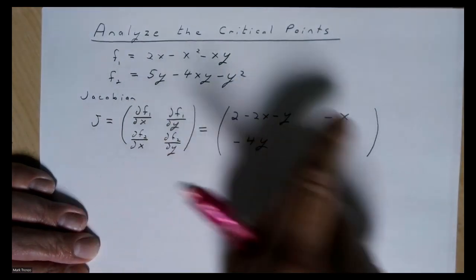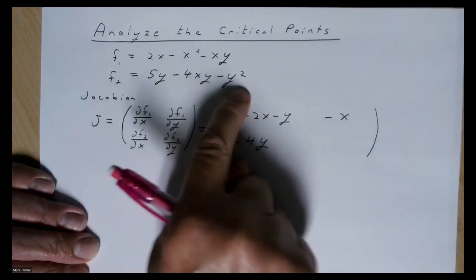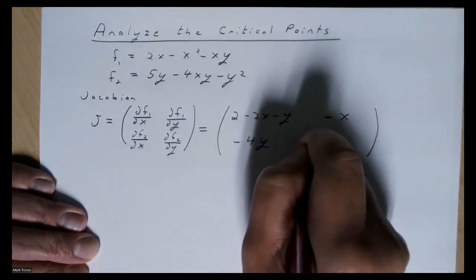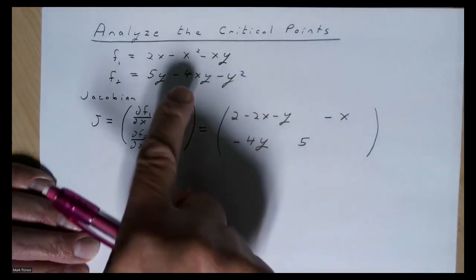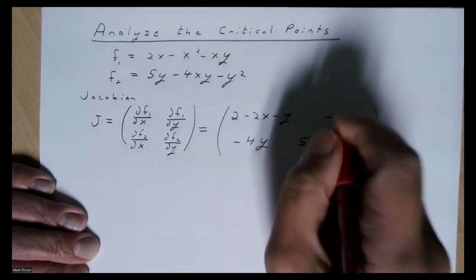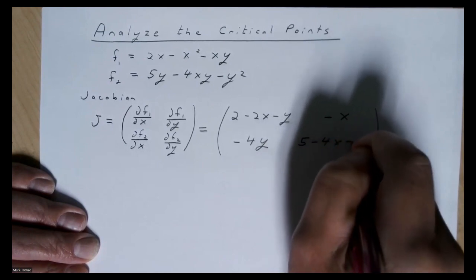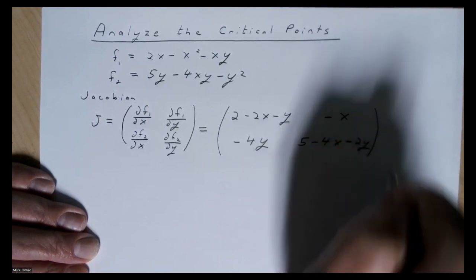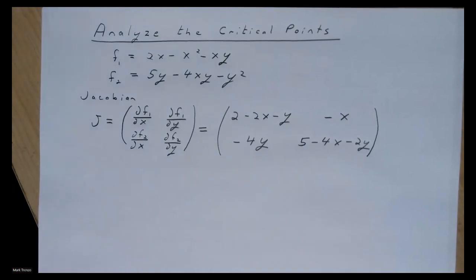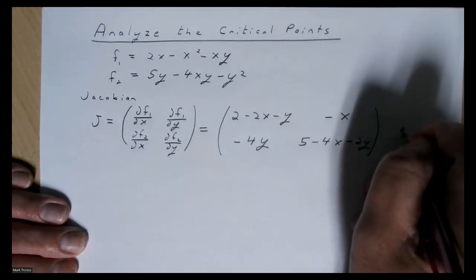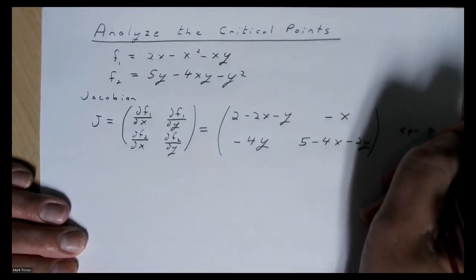And the derivative with respect to y is going to be 5 minus 4x minus 2y, like that. Let me just call this equation star.